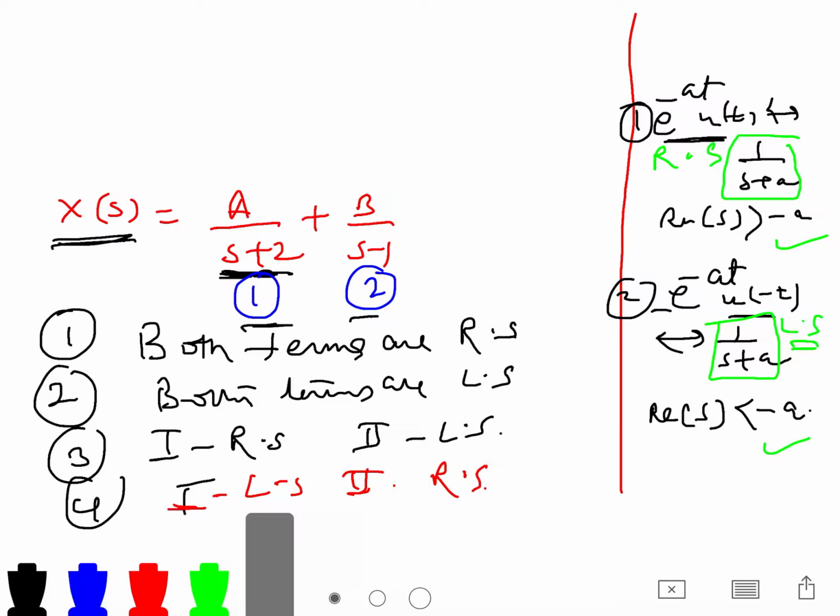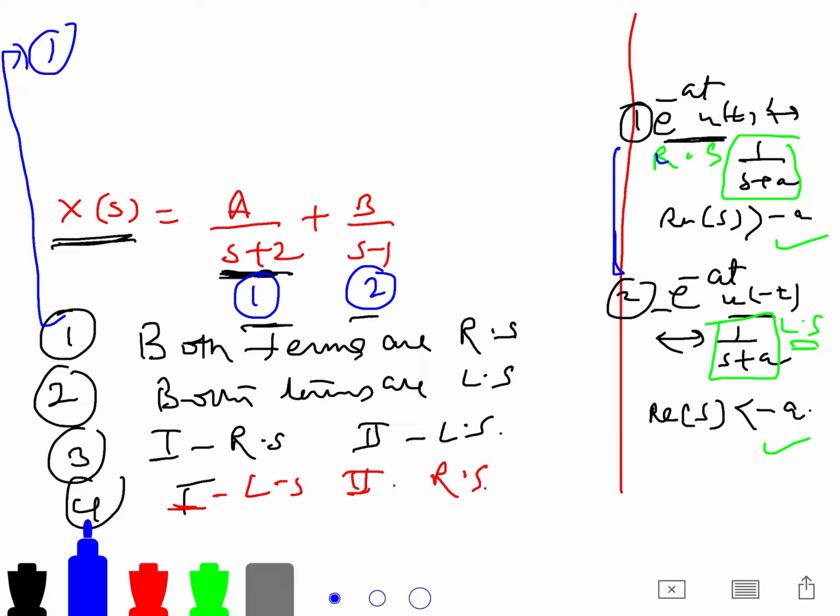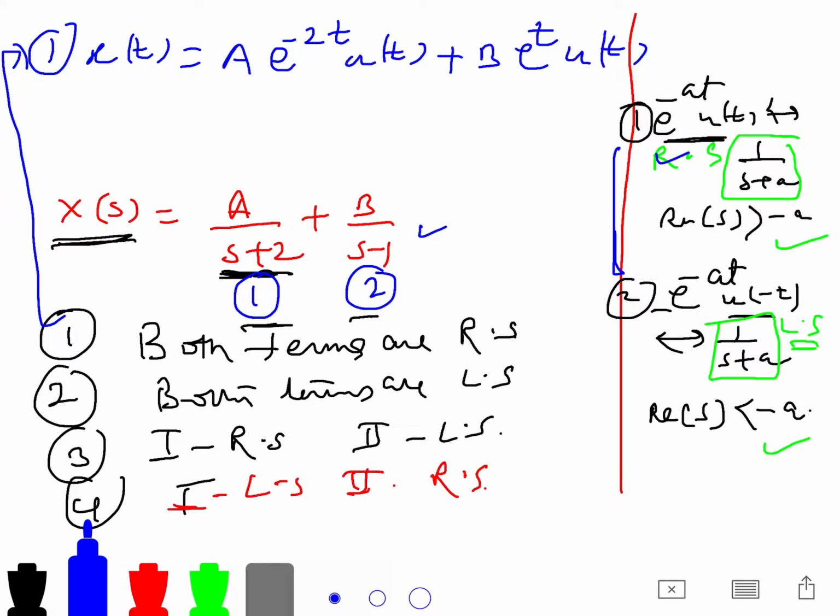If both the terms are right-sided, the first condition, the transform will be written from these pairs. This is a right-sided sequence. For this, x(t) is equal to A e to the power minus 2t u(t). This is also right-sided, so it will be B e to the power t u(t).